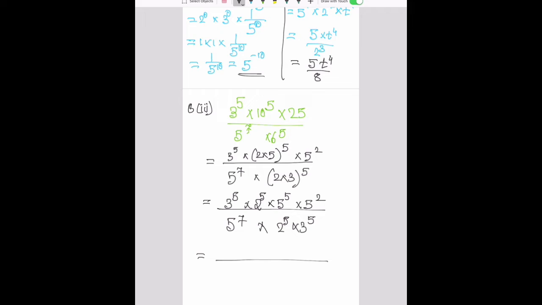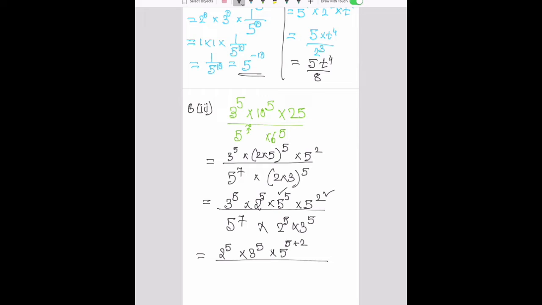We can write it this way: 2 to the power 5 on top, into 3 to the power 5, and 5 to the power 5 and 5 to the power 2 we can add up. So we can write 5 to the power 5 plus 2, because multiplication in exponents means addition of the powers.